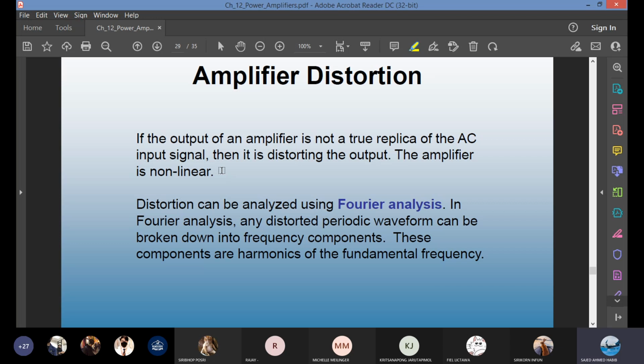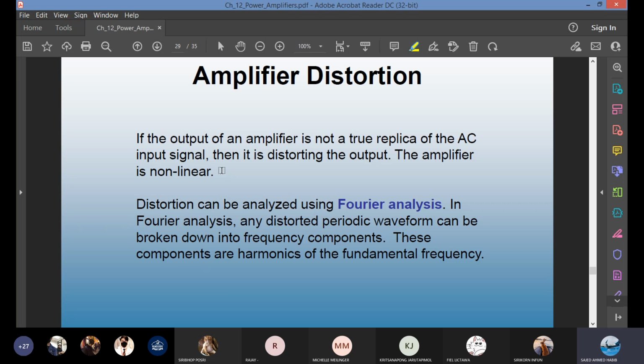What is fundamental frequency? Fundamental frequency is the main frequency that you are expecting. Let's say you have sine omega t, omega is 2 pi f. Let's say the f equals 1 kilohertz. If the output signal is not corrupted, the output signal frequency will also be 1 kilohertz.